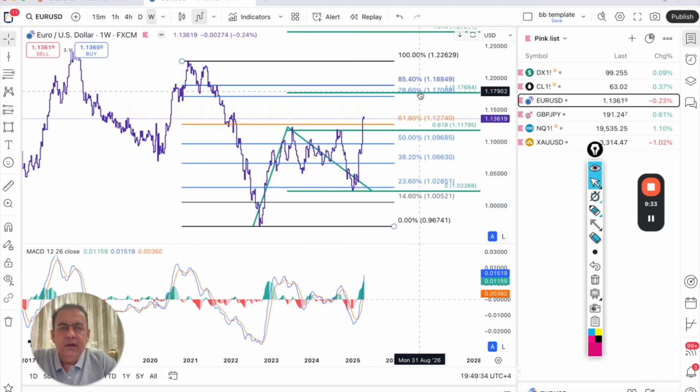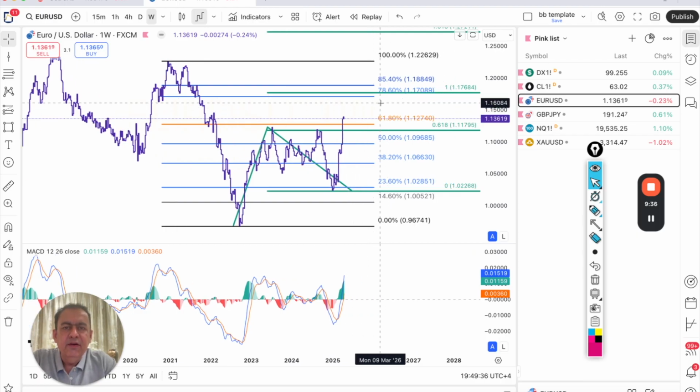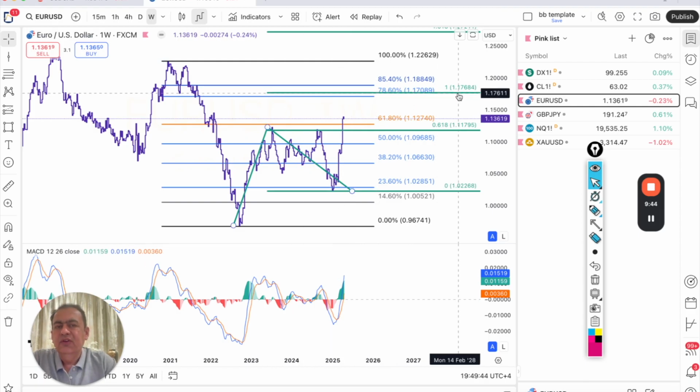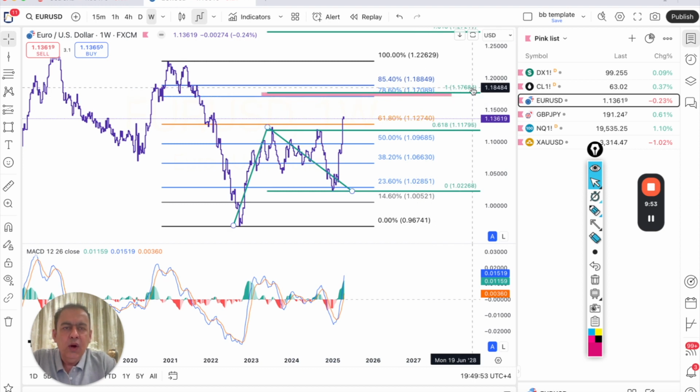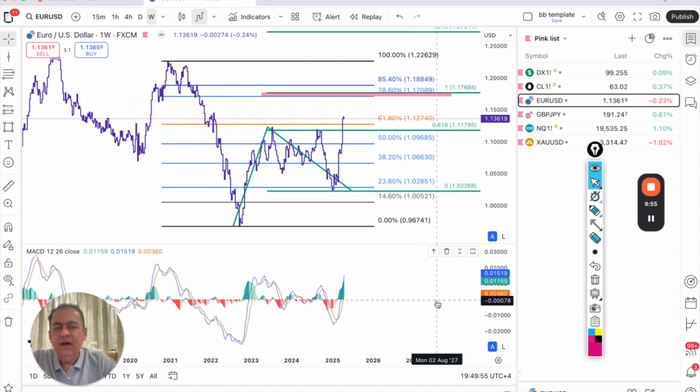So I'm expecting buyers to take the price towards 78.6 to 85.4, and in between we also have fib extension 100 in the bullish direction. So this is a strong confluence. So I'm expecting this to act as very strong resistance. So 1.1708 to 1.1768 is the target for Euro USD.